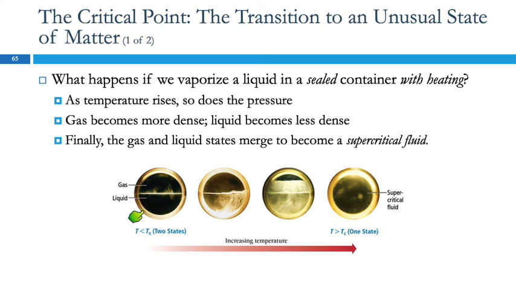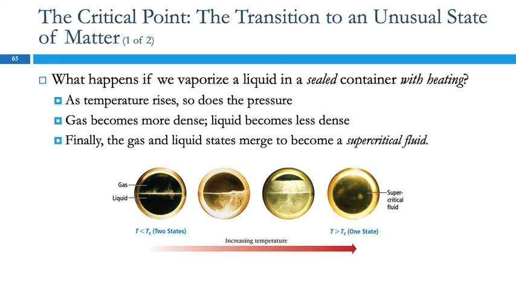So here we have a gas and a liquid, and as we heat this up, the gas is going to become more dense and the liquid is going to become less dense, and that will continue, and at some point those two states will merge and they become a supercritical fluid.